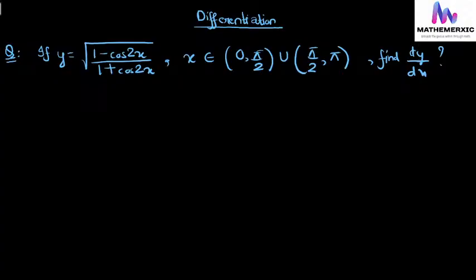So we have y is equal to under root of 1 minus cos 2x upon this, and x belongs to 0 comma pi by 2 union of pi by 2 comma pi. Find dy by dx. That is the question.